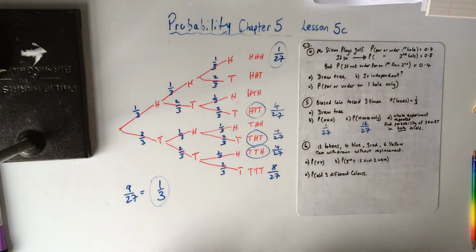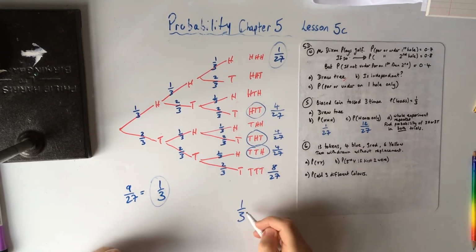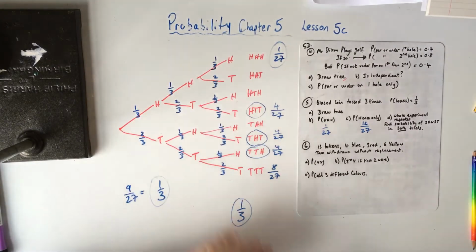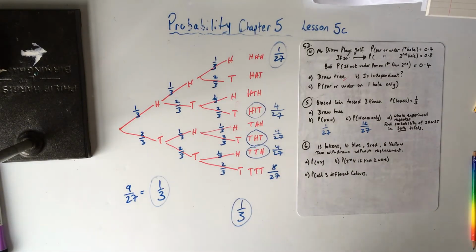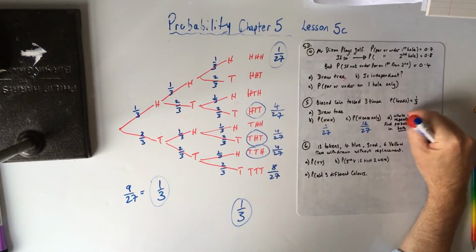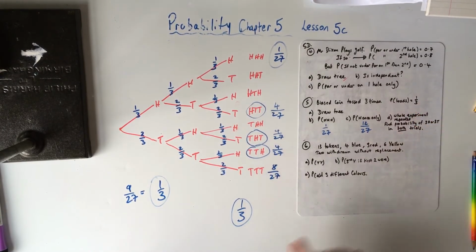Okay? And the probability of getting heads or tails on the second trial, the second time you do it, will also be a third, because it's independent of the first one, isn't it? You do it again and you've got the same probability.